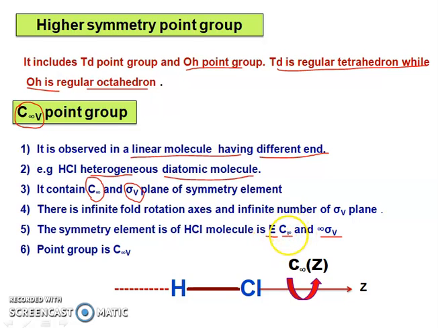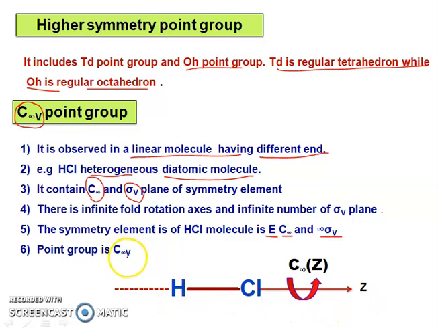C infinity means the infinite axis of rotation, and infinite sigma vertical planes means an infinite number of sigma vertical planes are there in this molecule, and therefore it belongs to the C infinity v point group.